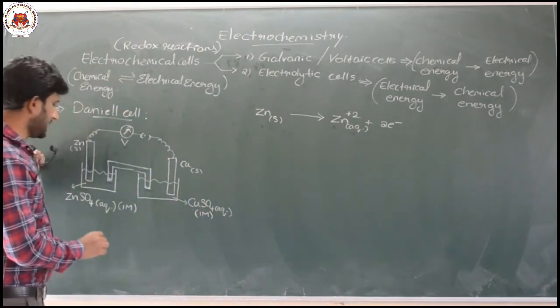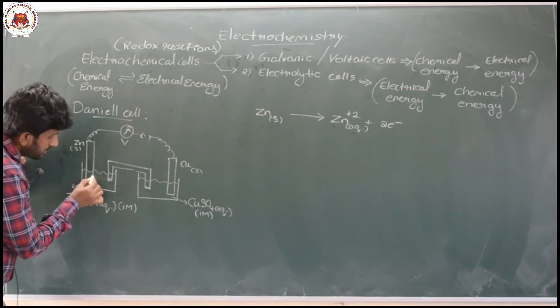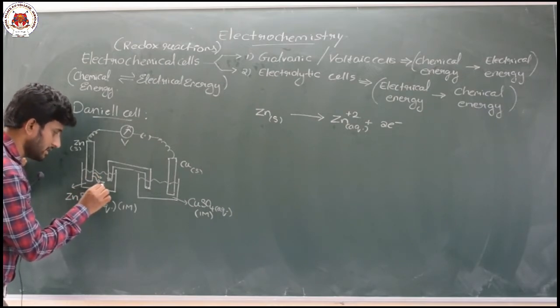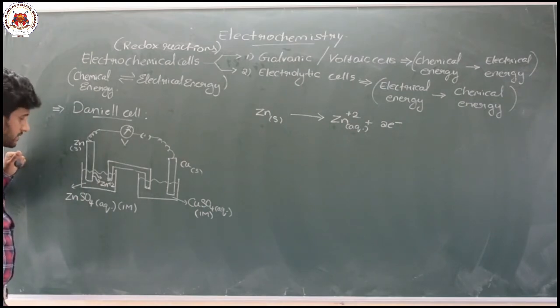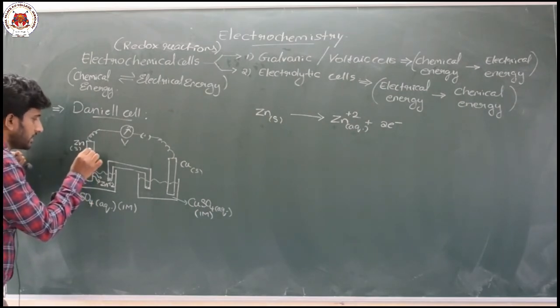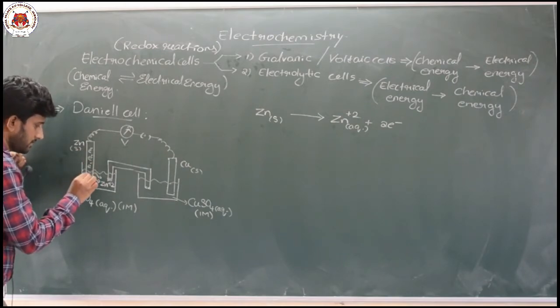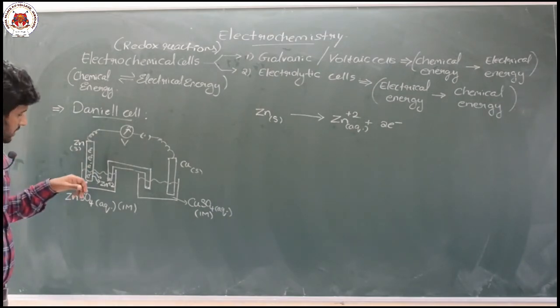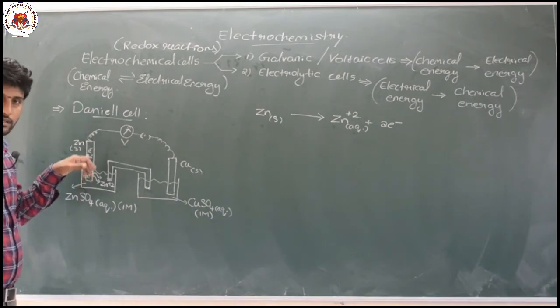That means zinc atoms from this rod are getting dissolved into the solution as Zn2+ ions, leaving electrons on the rod. Ions are leaving into the solution, and electrons are present in the rod.